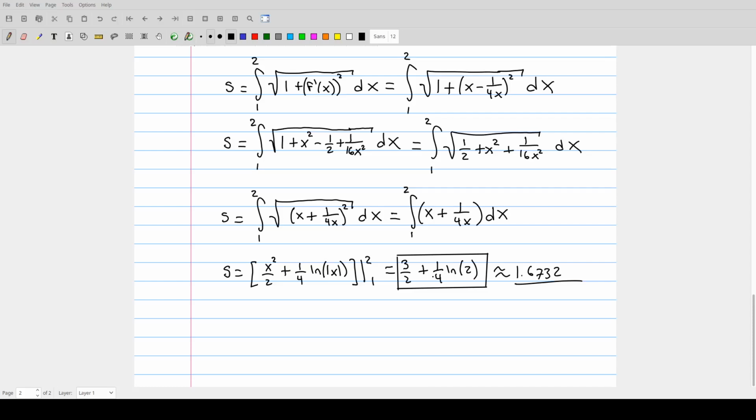So for the next example, what I want to show is how to go through and derive a very nice geometric formula for the arc length of a circle. If you've taken a pre-calculus course, you'll probably be familiar with the result that we're going to end up deriving.